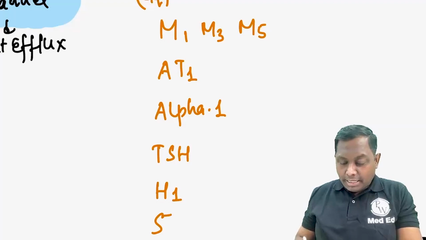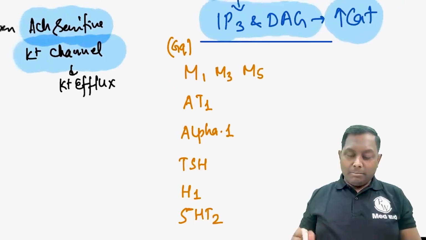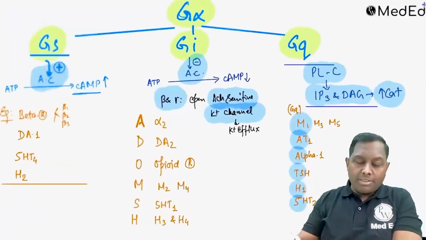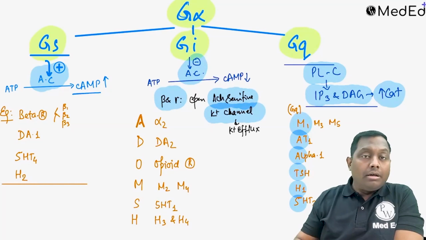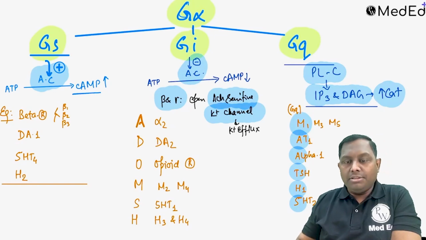And serotonin, the only one, because the other two are going into GI, and this is going to be 5HT2. MATHS is a very simple mnemonic. So Badshah Adams will be all the I, and MATHS is questionable, that means the GQ ones are all done.